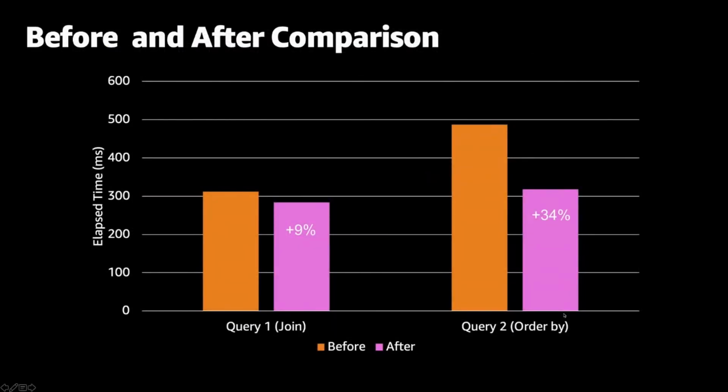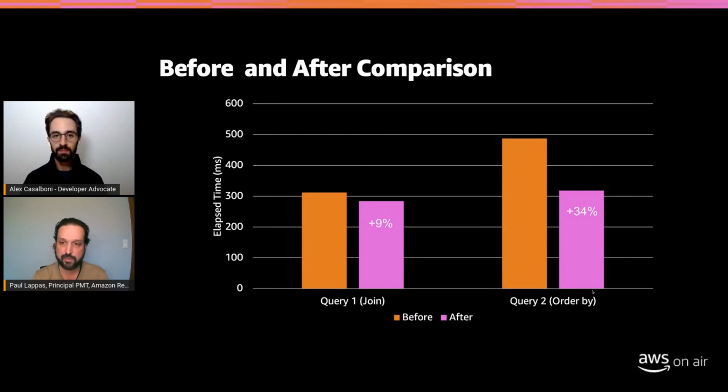So it's pretty impressive. On the first query, the one where we have the join, the latency, this is an average of about 500 runs, went from a little bit over 300 milliseconds to under that. So we saw about a 9% improvement by adding a join key, a distribution key.